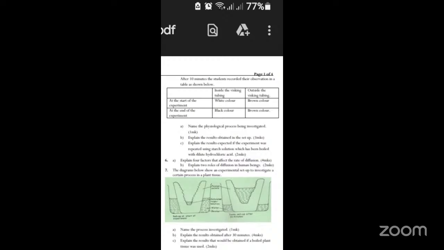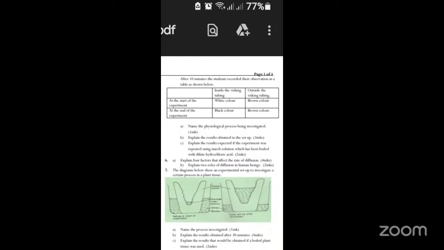So I repeat, since the molecules of iodine are smaller than those of starch, iodine molecules move into the whisking tubing by diffusion, while starch molecules remain in the whisking tubing. This causes the color change in the whisking tubing from white to blue-black. So that is the concept.